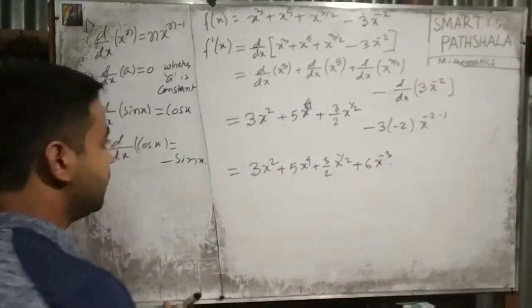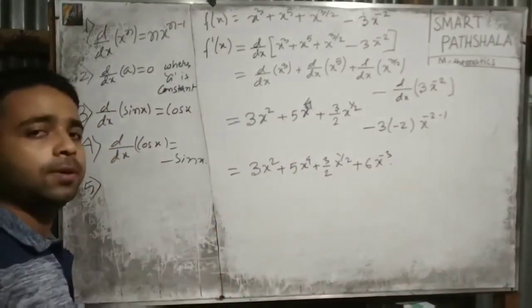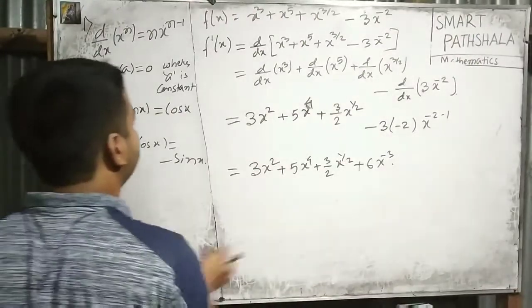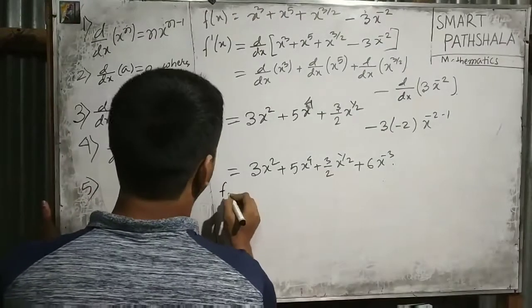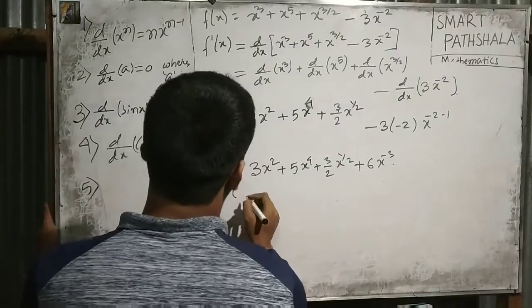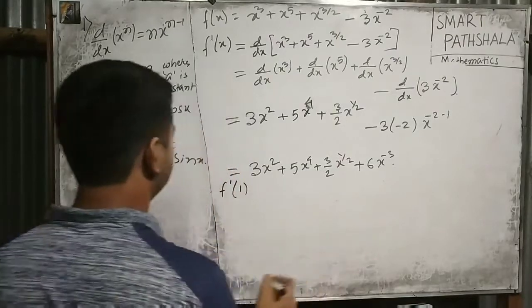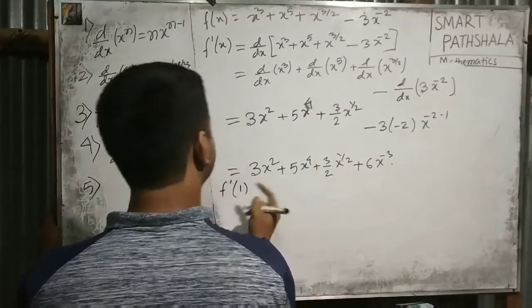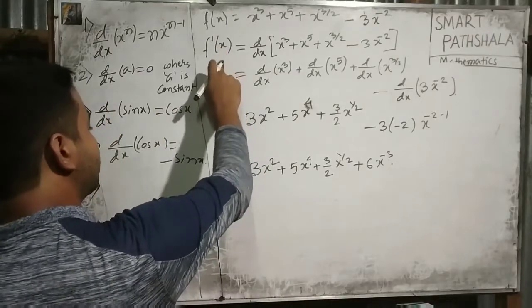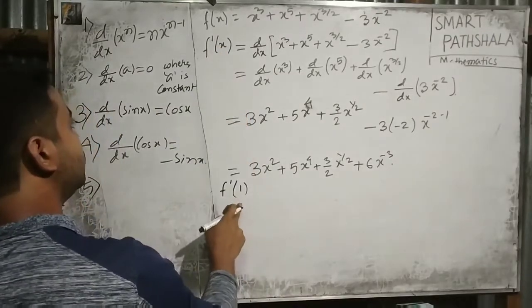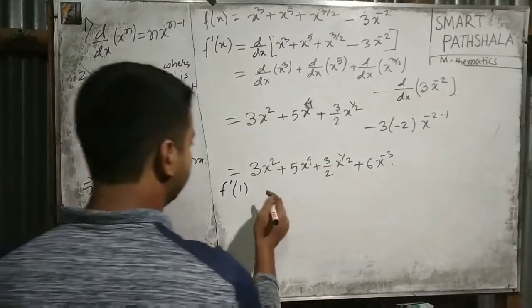Perfect or not? Now, in some problems, you may be asked to find f dash of 1. Then you have to find f dash x first and then substitute x equal to 1, like I am doing here.